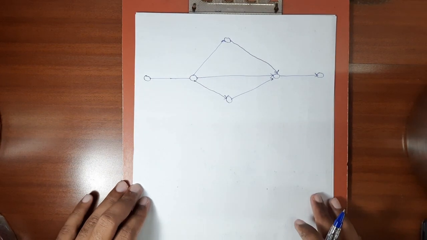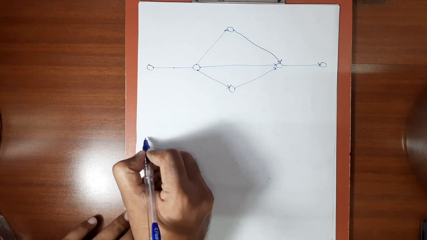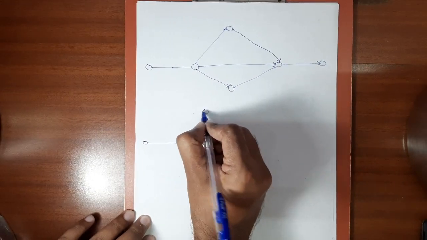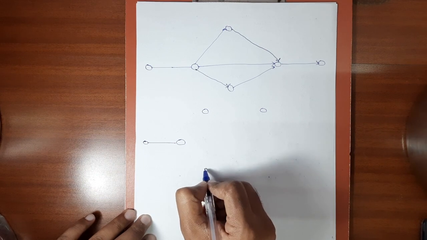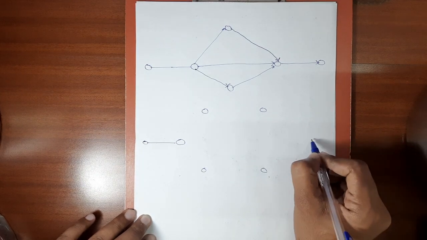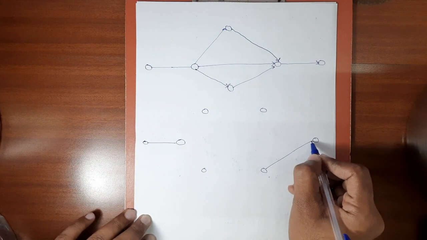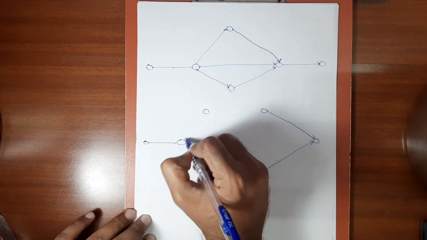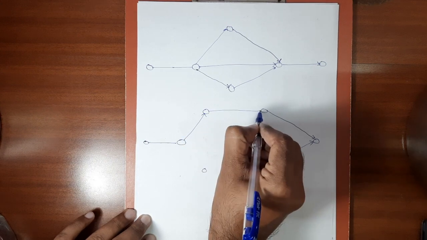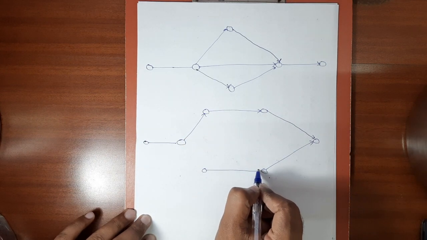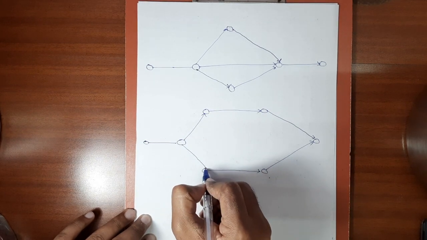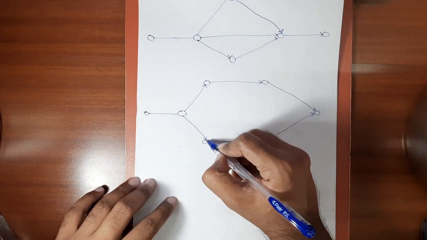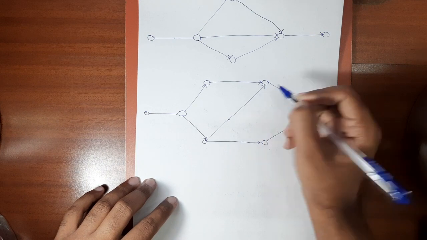This will be the first one, and the second one will be like this. And if there are more activities, the path can also be like this.